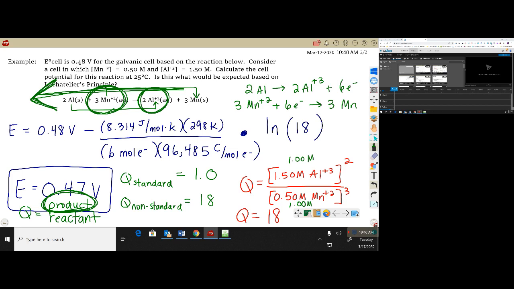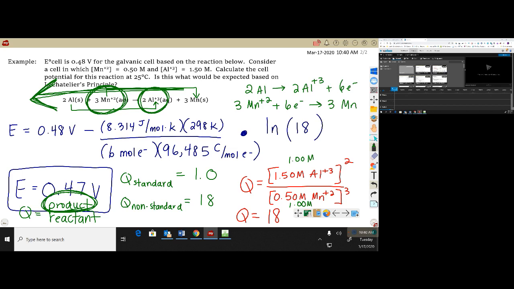When they first have you calculate the new cell potential, okay, 0.47, and then they say explain it, don't say Le Chatelier, but instead we're going to compare our new Q under non-standard conditions to the value of standard Q, which is 1.